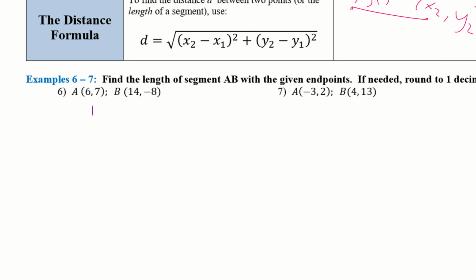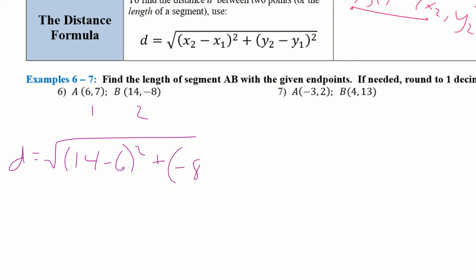Alright, so this is going to be our first point. This will be our second point. So the distance equals the square root of x2, which is 14, minus x1, which is 6. I'm going to square that whole thing, plus y2, which is negative 8, minus y1, which is 7. I'm going to take the square of that too. I have to do everything underneath my radical before I can take the radical.